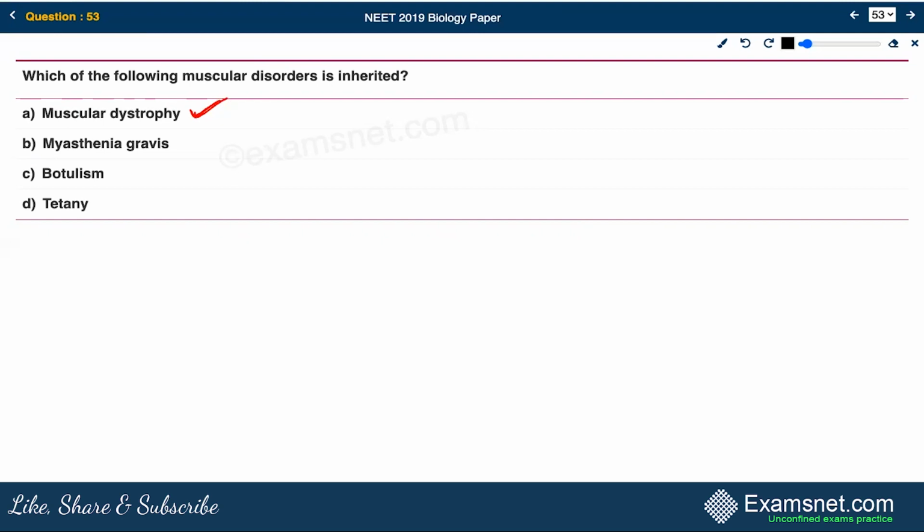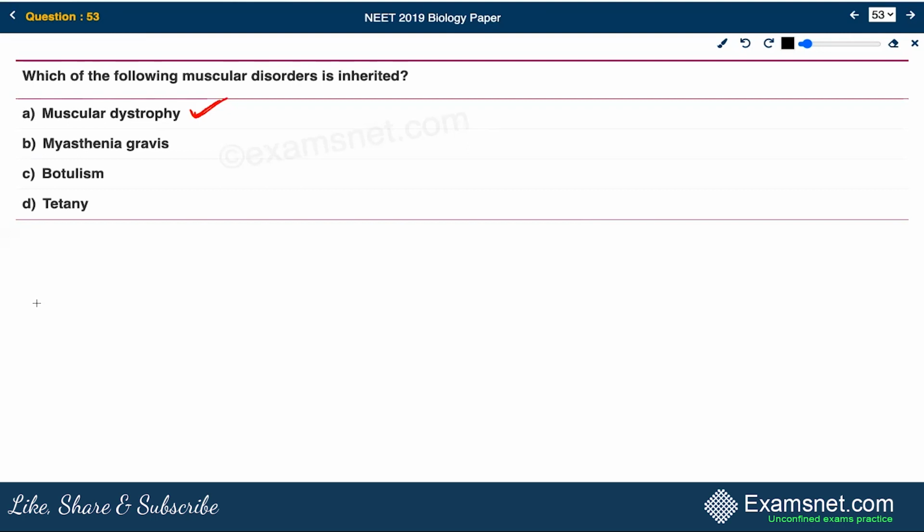Muscular dystrophy, as the word suggests, is a disorder related to the degeneration of the skeletal muscles. It is inherited because it is a category of genetic disorder, and it results in progressive degeneration in the muscles.